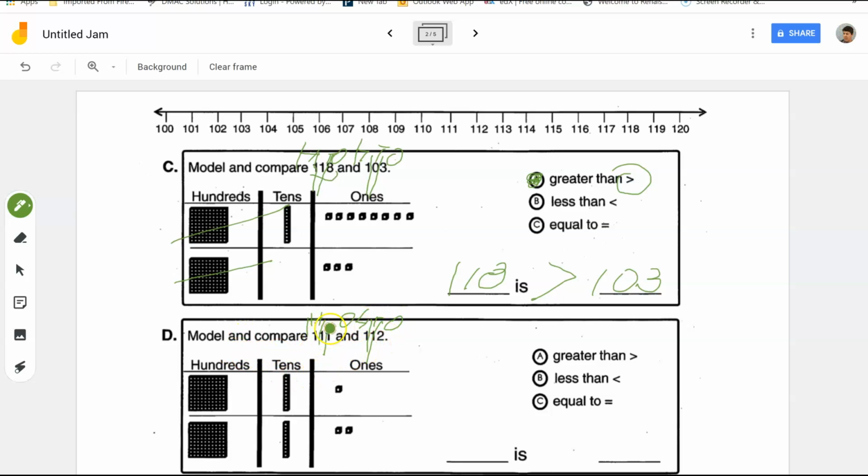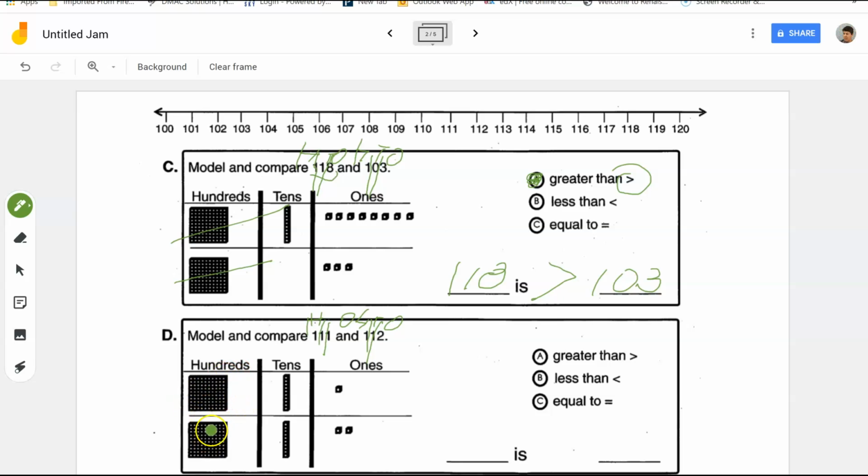So we start by the hundreds. The first number is 111. 100, 110, and 1, and the next number is 112. 100, 110, and 2 ones. That is 112. And we start by the greatest value. The greatest value is the hundreds place.